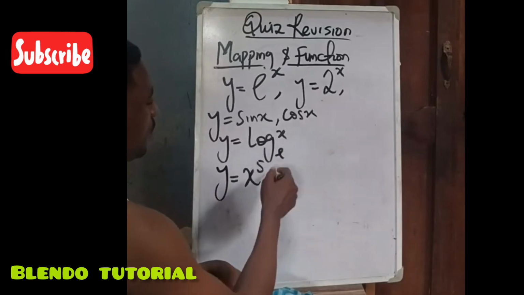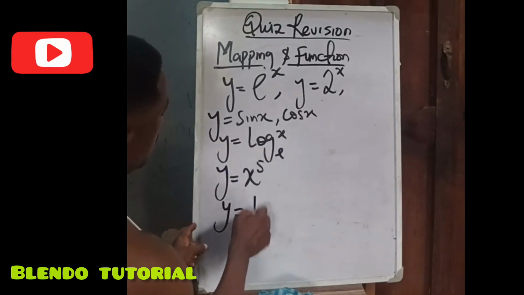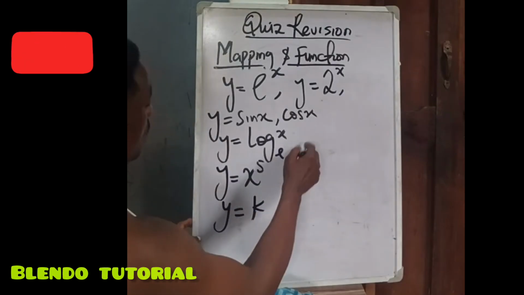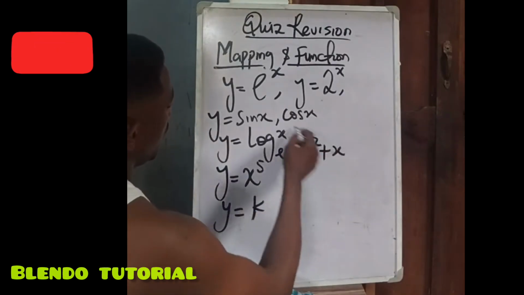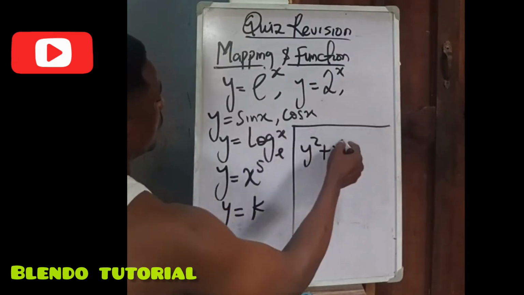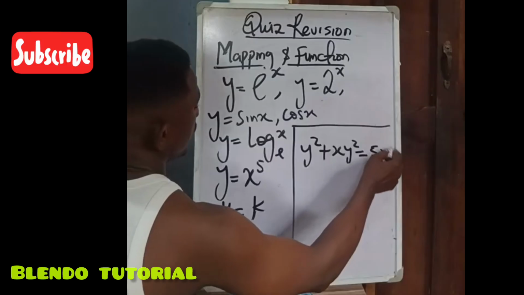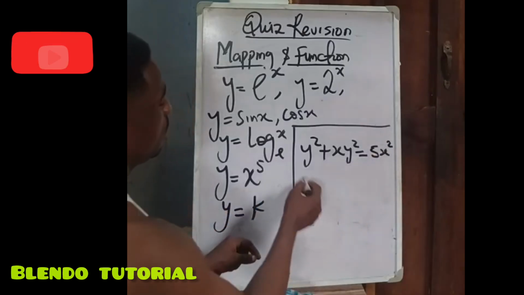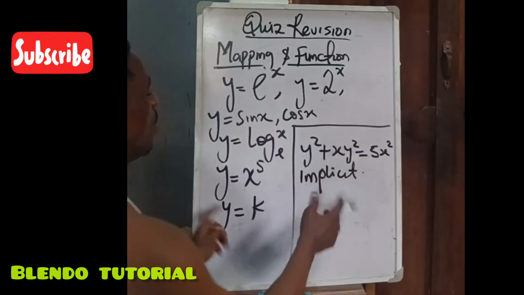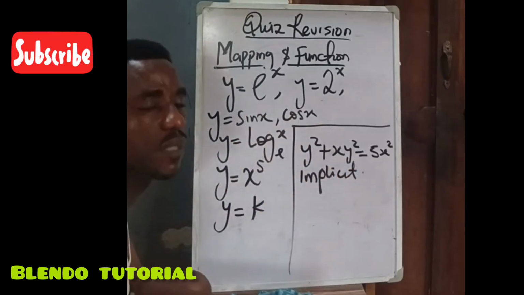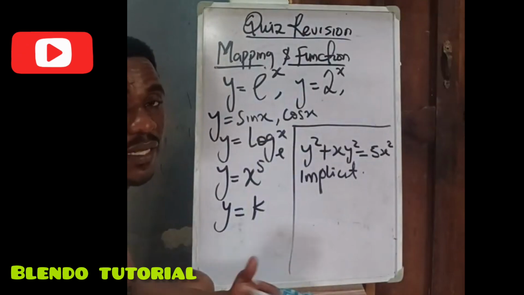We have as many functions as possible. Y is equal to k, a constant function, and the implicit function, y squared plus x, y squared equal to 5x. All these types of functions are the functions we can differentiate.